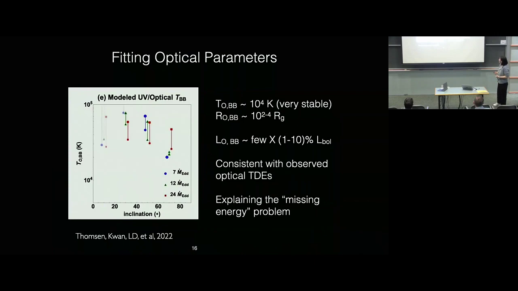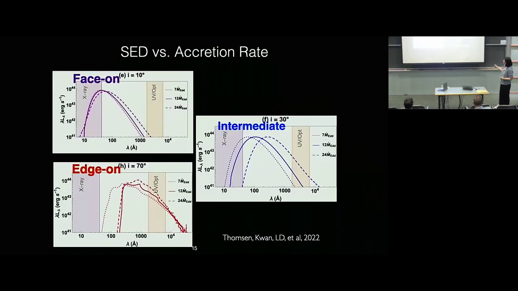Right, and we also did a lot of fitting between these modeled results and the parameters that we can resolve from TDE observations. In particular in optical bands, if you look at this optically strong spectrum, we take the slope in the UV optical range and fit that to a blackbody emission.